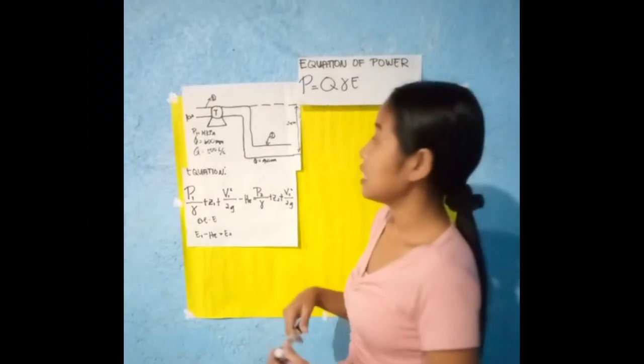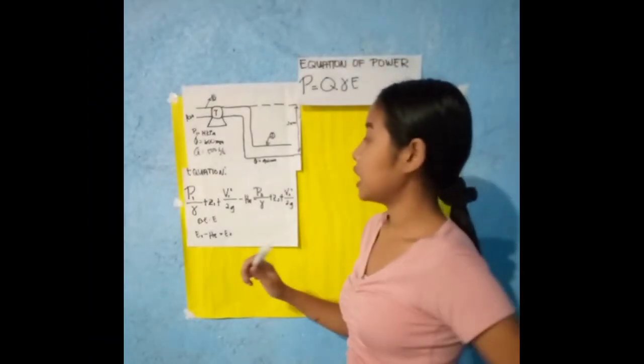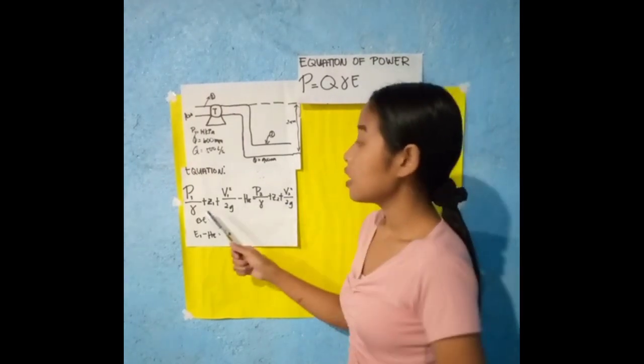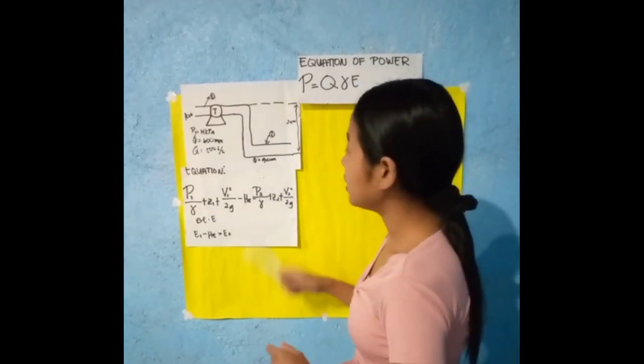Now, as you can see in our given, we have already the value in our pressure in point 1 and in point 2.